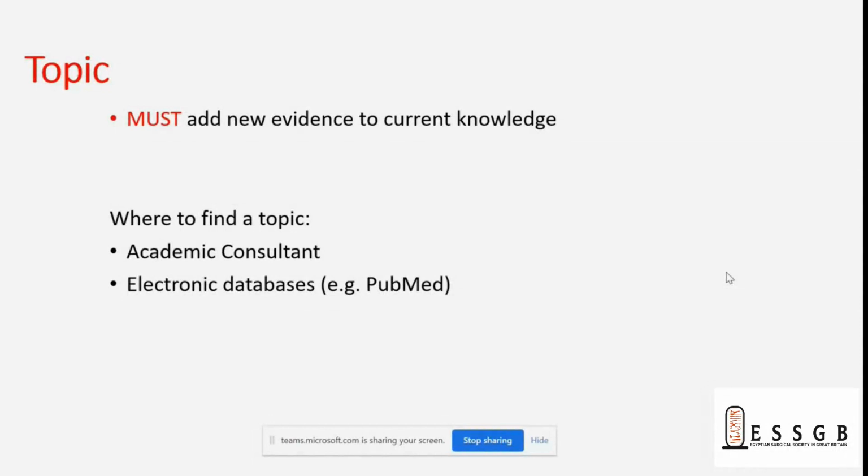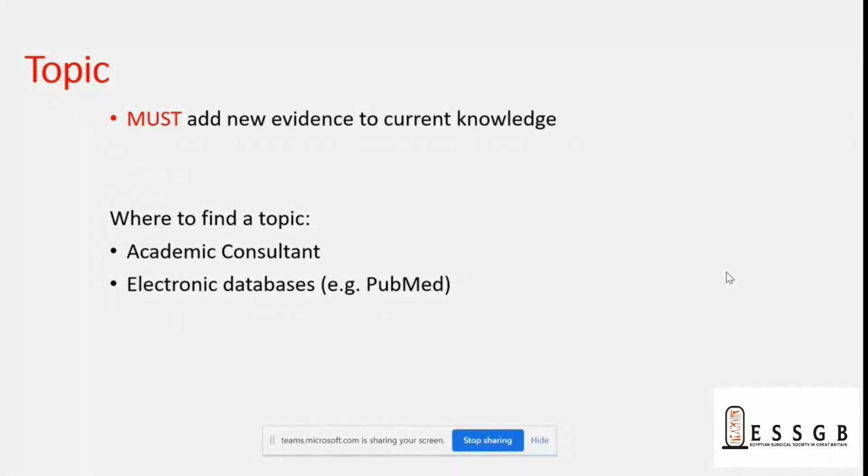One is to ask, for example, an academic consultant who has a good publication history, who is aware of the hot topics in the area of interest, and they can usually offer you some topics that you can do meta-analysis on. Or you can do it yourself by searching through the databases, like PubMed, where usually the most publications go, but there are others as well. I usually recommend the latter, not the former.